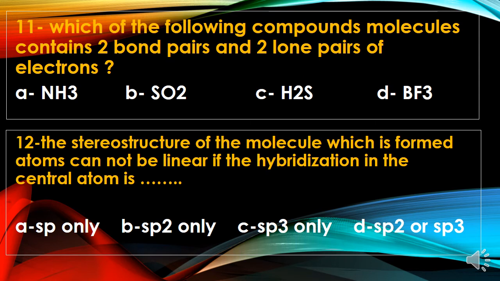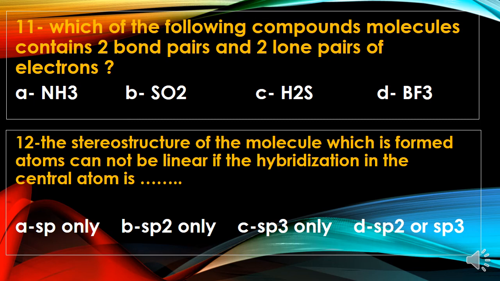Question number 11. Which of the following molecules contains 2 bond pairs and 2 lone pairs of electrons? A, NH3; B, SO2; C, H2S; D, BF3. The answer will be H2S. Question number 12.